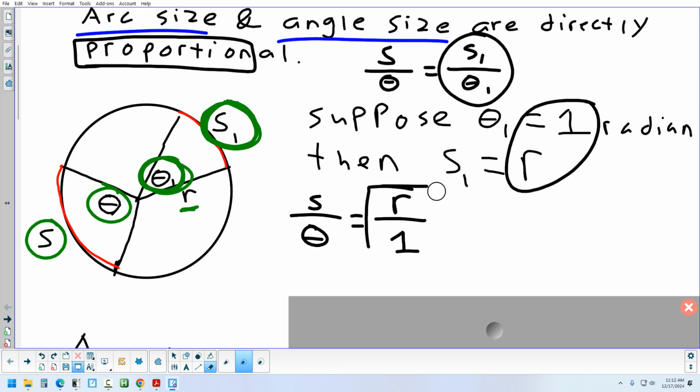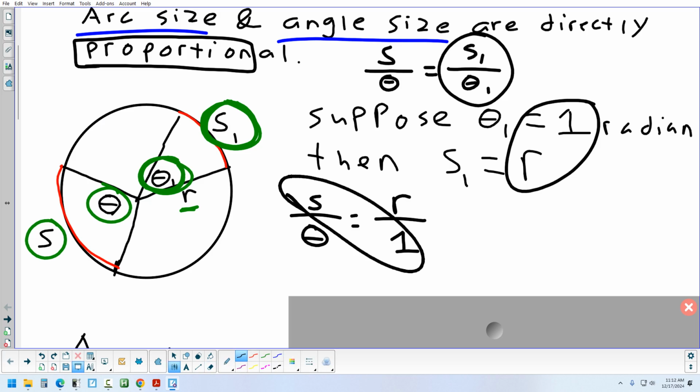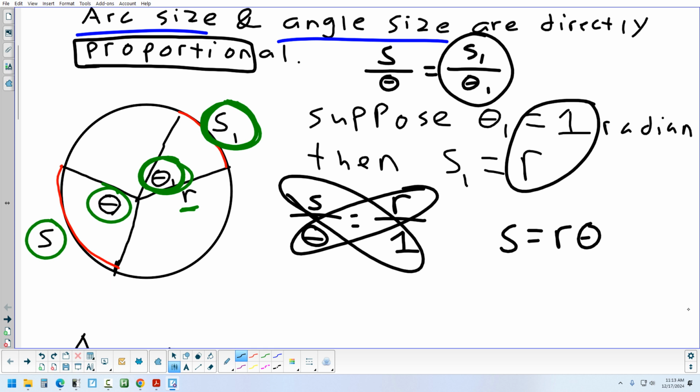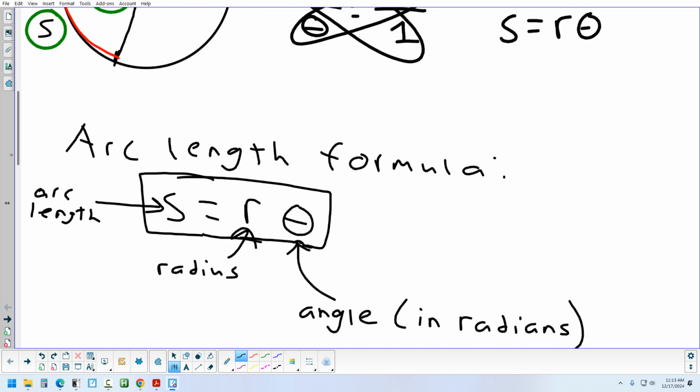Now, does anybody remember how you solve a proportion? Yep, you cross multiply. What is S times 1? S. And what about R times theta? Just r theta. And that is the formula for arc length. S equals r theta. So it comes from that proportion.